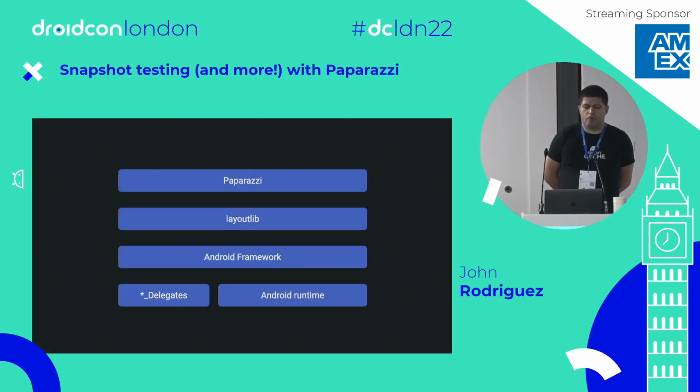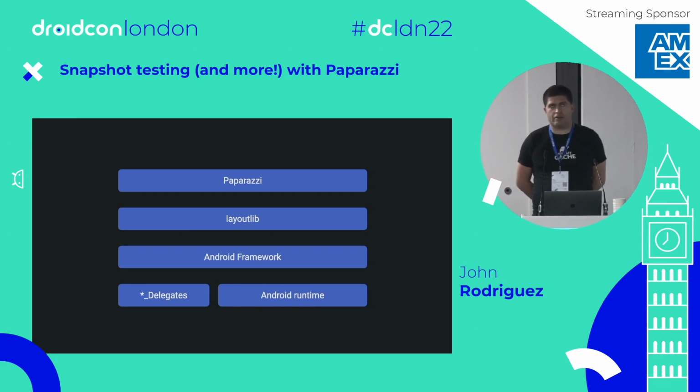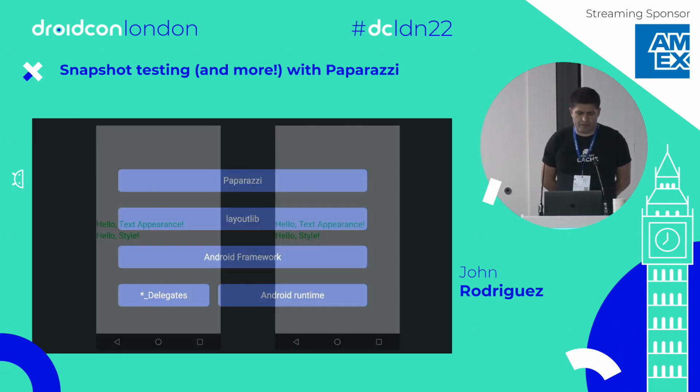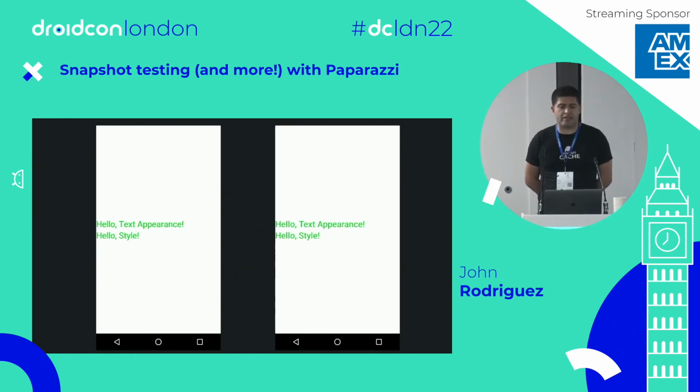Now, I mentioned that some of the native part of the Android framework is stripped out using the layout lib create, and this was mostly true until about a year or two ago, maybe a year and a half. Part of this was because the graphics rendering of Android was not rendering 100% pixel perfect in the IDE.